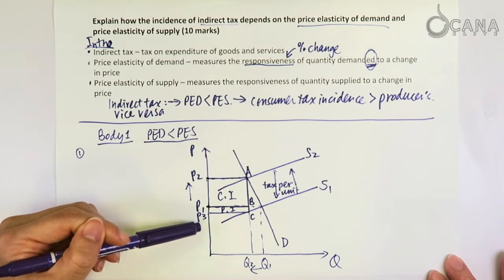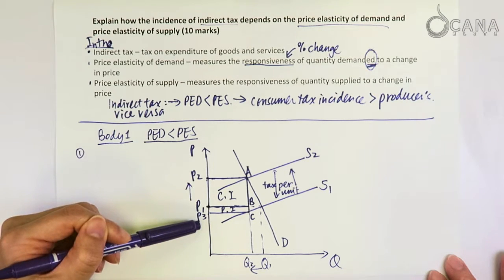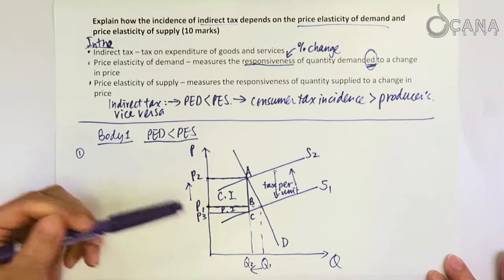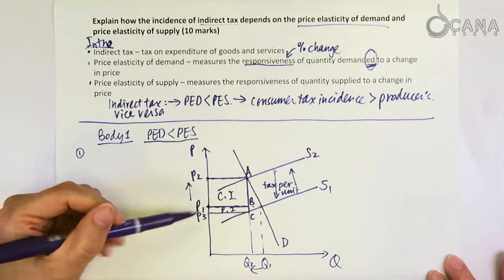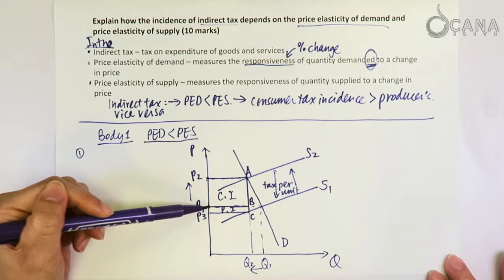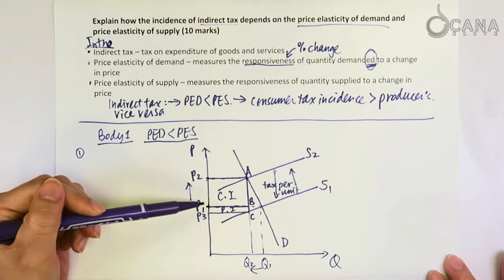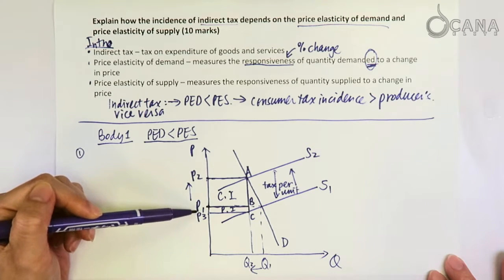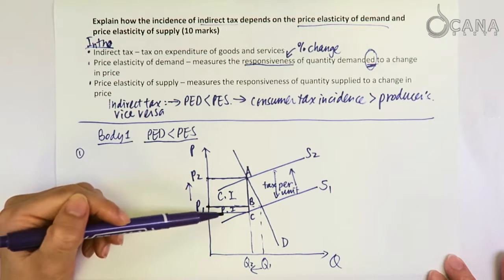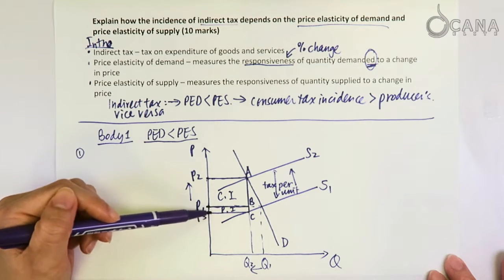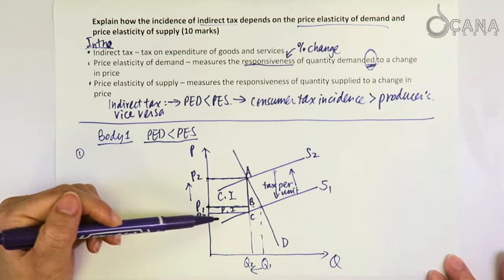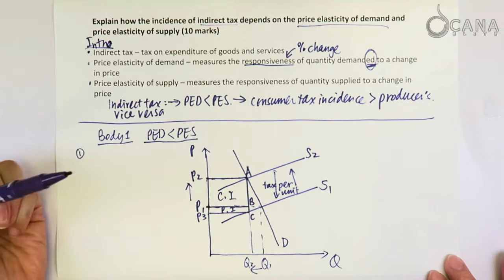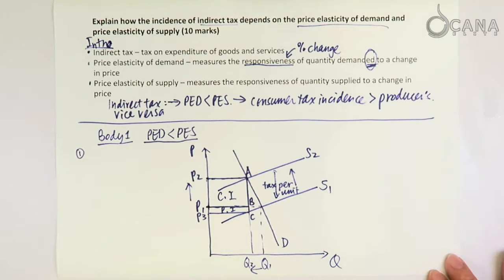Therefore, eventually, the producer will only be able to pocket P3 for every unit sold. Therefore, compared to the previous amount that they could solidly get, the producer gets P1 to P3 less for every unit sold, over the course of Q2 units. And therefore, this will be the producer incidence area. Great, we have got the right diagram.